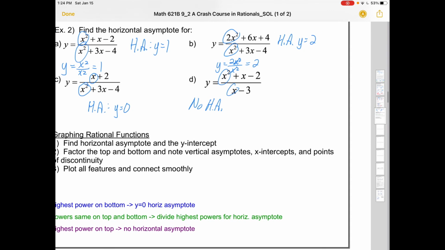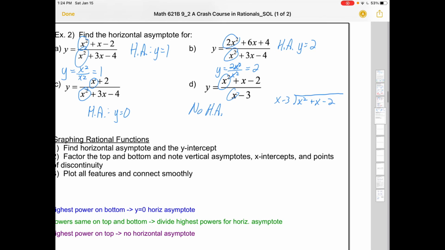If you want the slanted asymptote that might exist for this, here's how you find it. You actually do the division. So we're going to take x minus 3, and that'll be what we divide x squared plus x minus 2 by. I can do long division or synthetic, doesn't matter. X squared minus 3x, subtract, I'm going to get 4x minus 2.